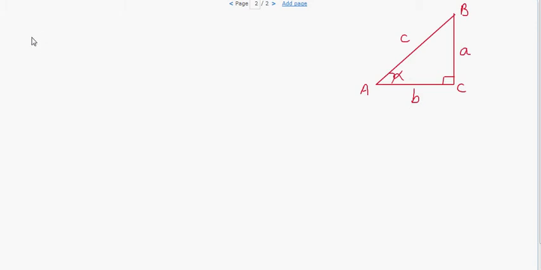Now we know from this right angle triangle sine alpha is the opposite side a divided by the hypotenuse c, and cos alpha is the adjacent side b divided by the hypotenuse c, and also tan alpha is the opposite side of alpha a divided by the adjacent side of alpha, which is b.